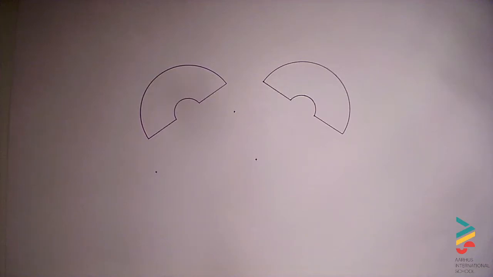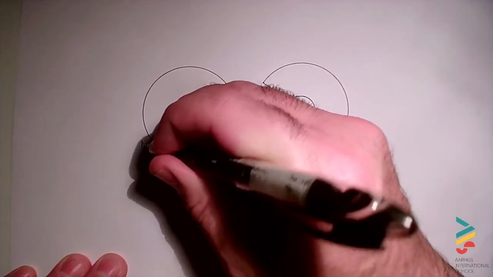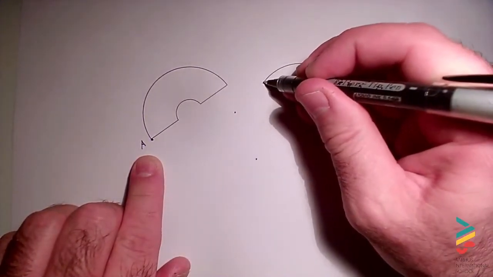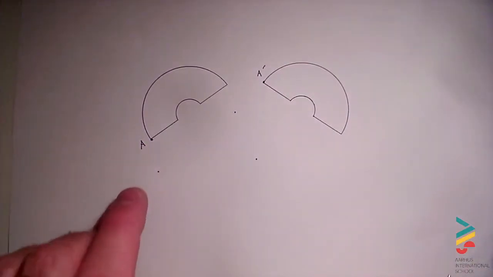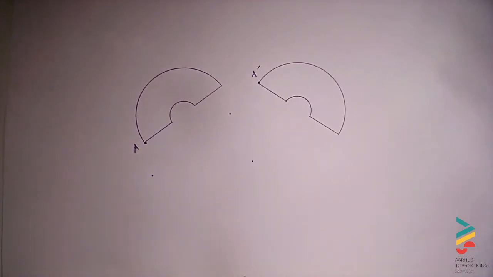So first of all, I'm going to look at one of the points on one of the shapes. So let's say that shape there, and I'm going to label it, let's say A, and then its rotated equivalent over here, let's call that A dash. So they're basically the same point on the two different shapes. One's the rotation of the other.